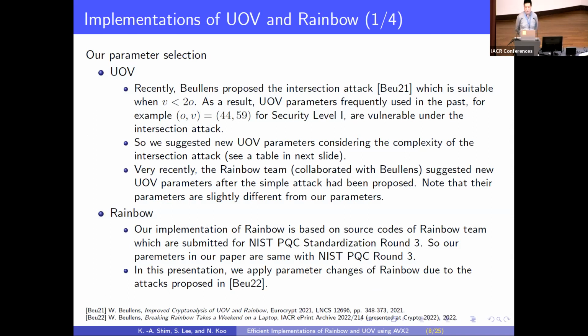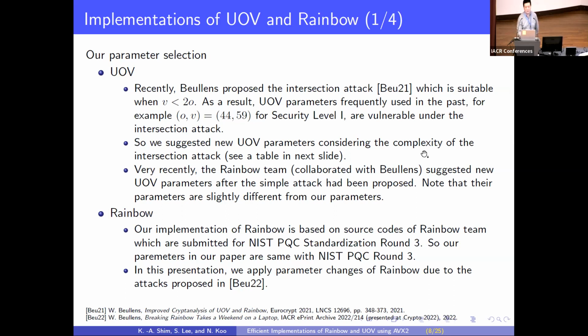So for UOV, recently, Brilliance proposed the intersection attack, which is suitable when V is less than 2 times O. As a result, some past parameters, for example, this parameter for security level 1, are vulnerable under this attack.